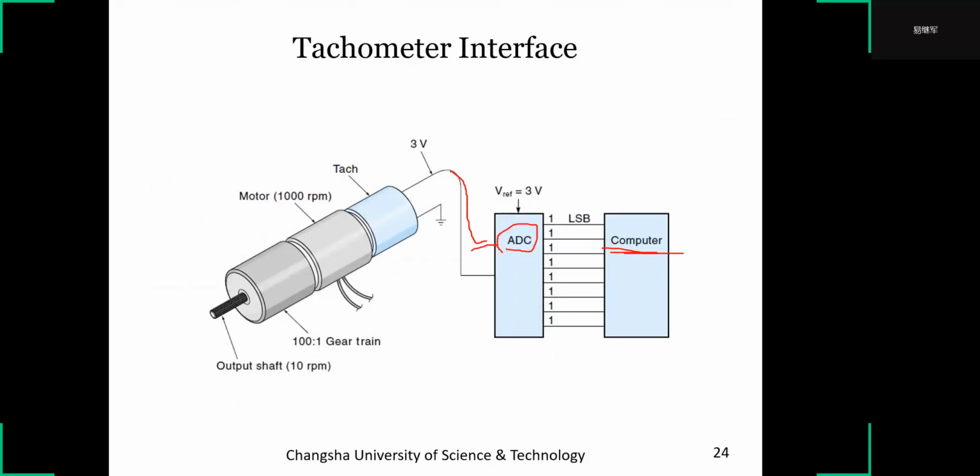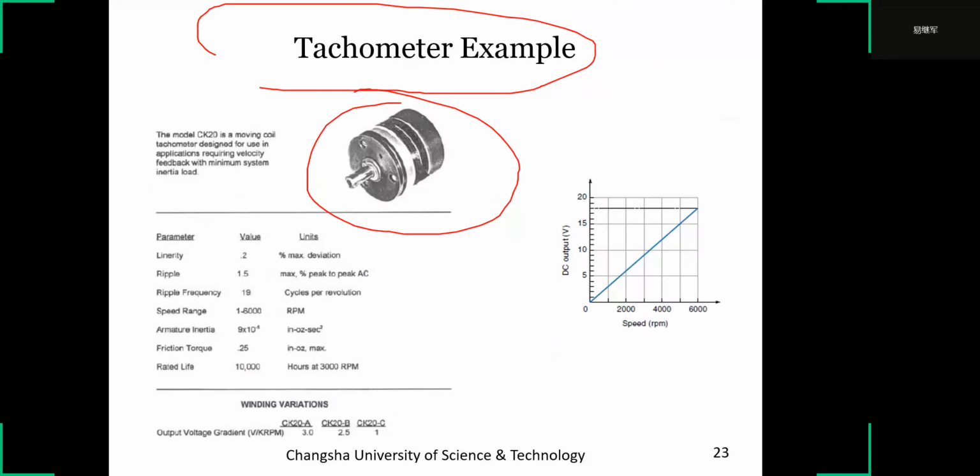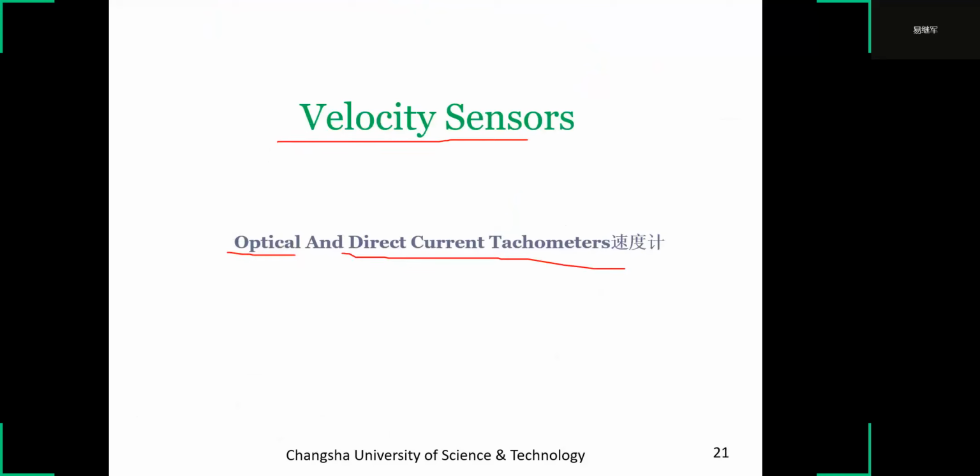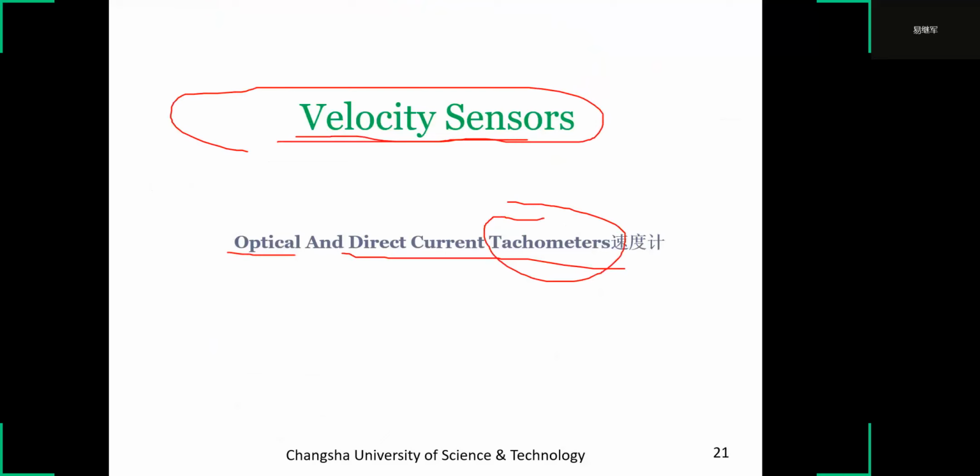What is a tachometer? A tachometer is a speed sensor. Yes, velocity sensors. This is a direct current tachometer.